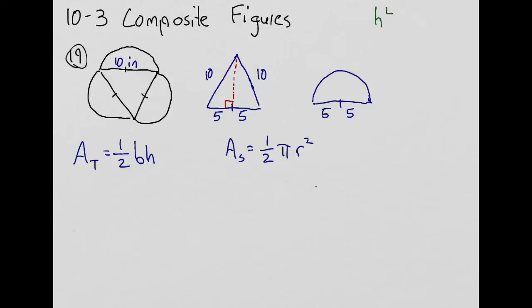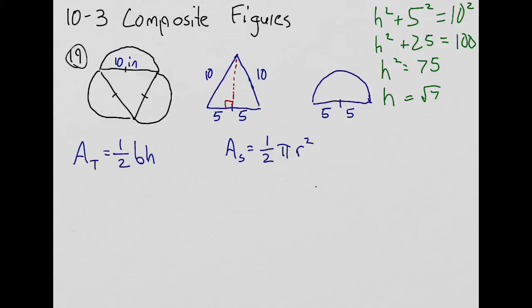So height squared plus this other side, 5 squared, is equal to the hypotenuse squared, 10 squared. Square things up: h squared plus 25 equals 100. Subtract, so h squared is equal to 75. We want to take the square root. Height is equal to the square root of 75.